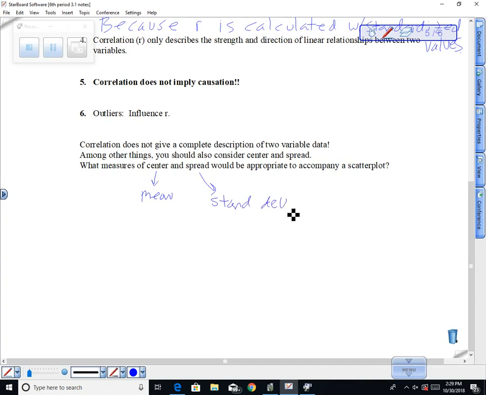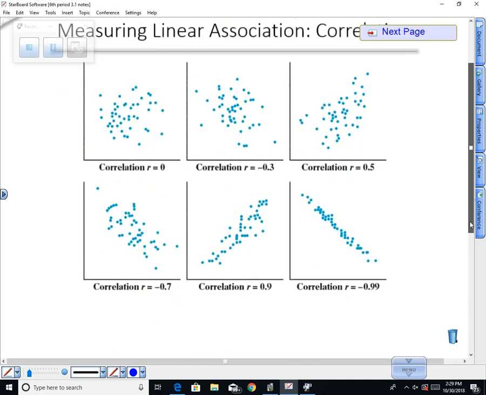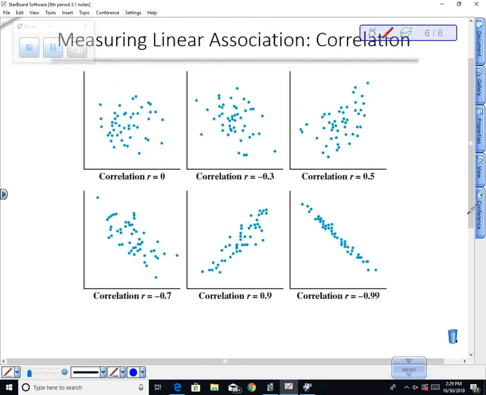On this very last page, I gave you an example of how to tell what the correlation is by eyeballing the graphs. With a correlation of R equals 0, you can't even tell the direction of the slope. If you go to the right, with R equals negative 0.3, you can at least see a negative slope, and it's spread out, so it's weak and negative.